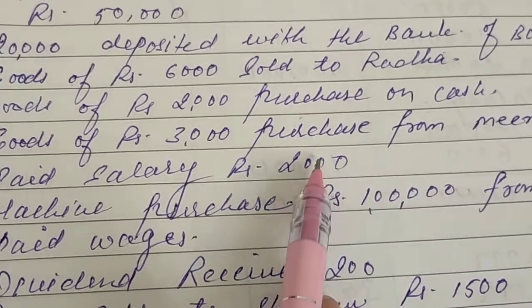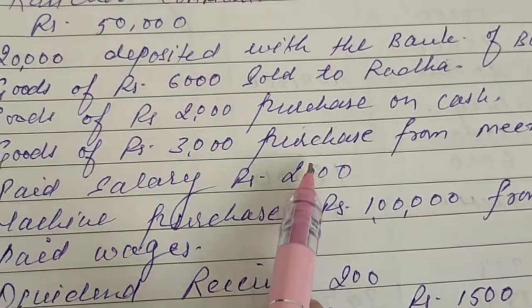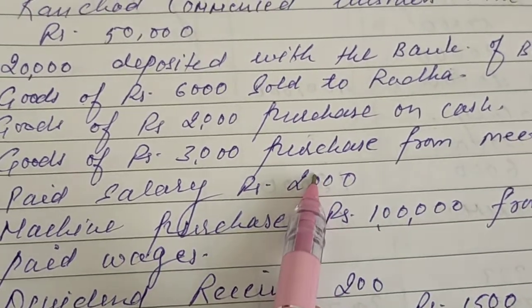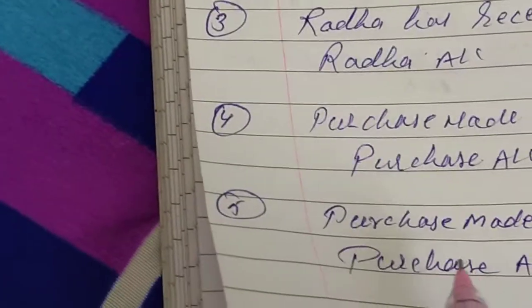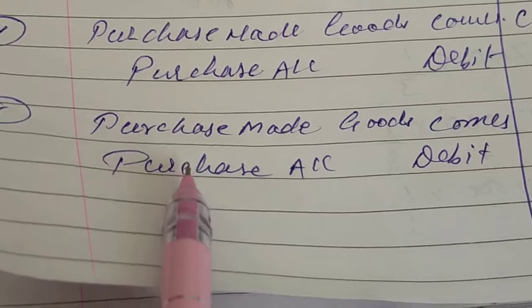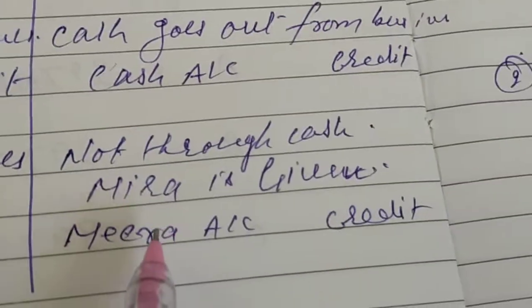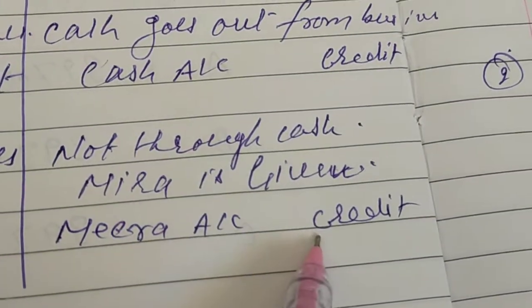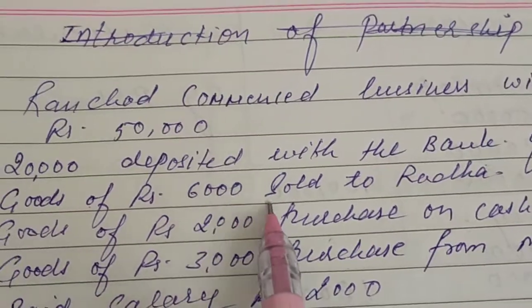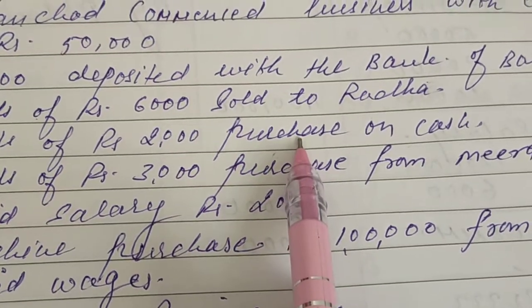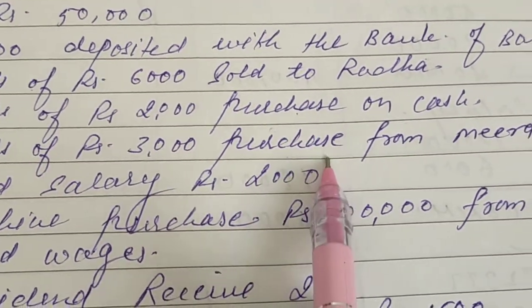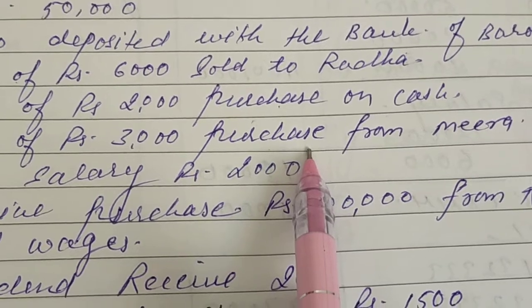According to this transaction, we are purchasing goods, so goods will come into the business, and the giver is the party, Mira. So the entry will be purchase account debit, and who is the giver? Mira is the giver, so Mira account credit, right? In this entry and the previous entry, what is the difference? This transaction is a cash transaction and this transaction is a credit transaction. Why?